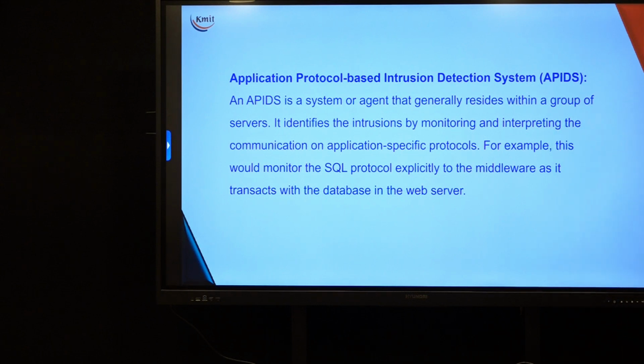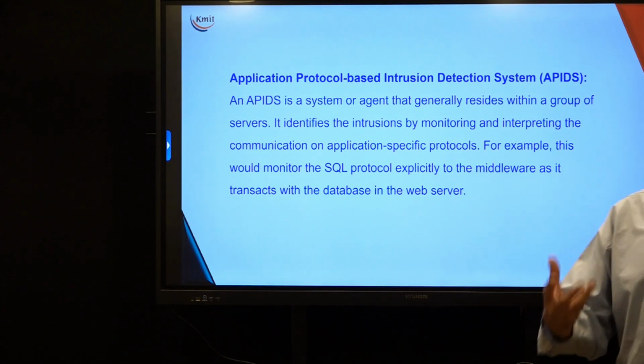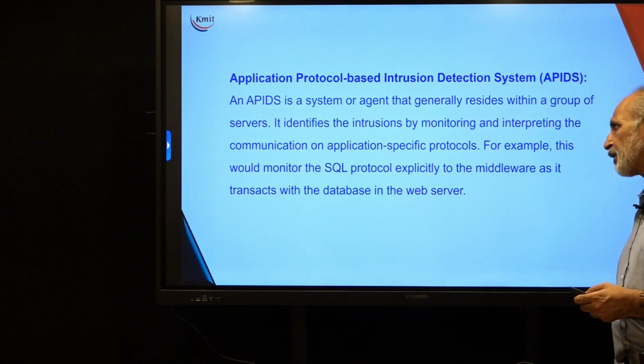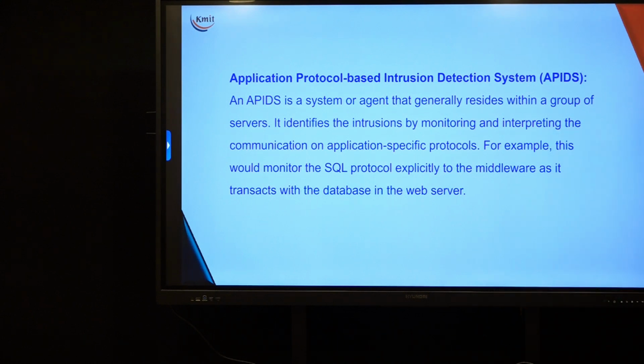The next one is the application protocol based intrusion detection system. APIDS is a system or an agent that generally resides within a group of servers. So if you have a group of servers which are put together, you have another very powerful system called APIDS. It identifies intrusion by monitoring and interpreting the communication on application specific protocols.